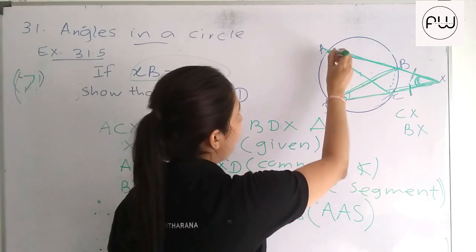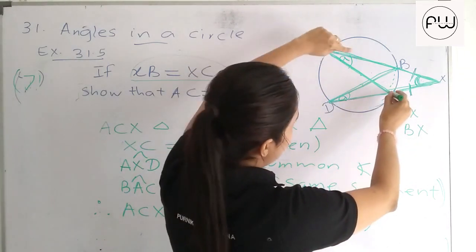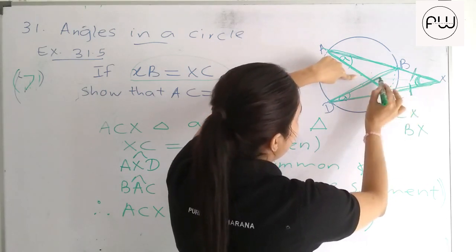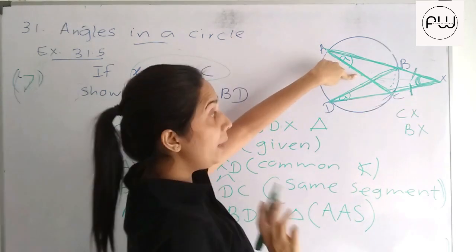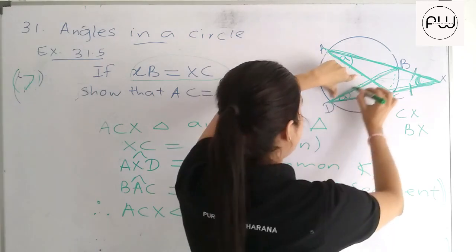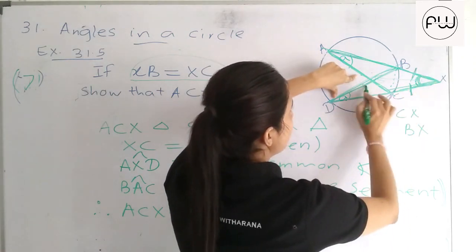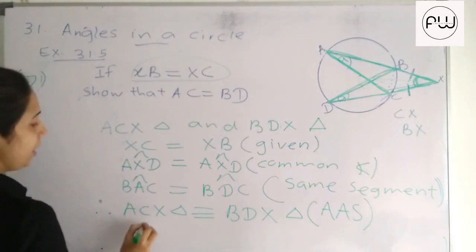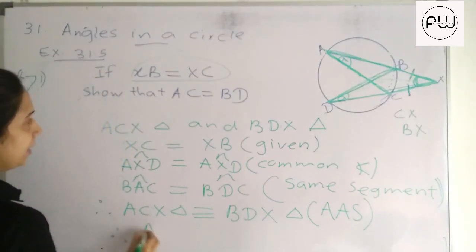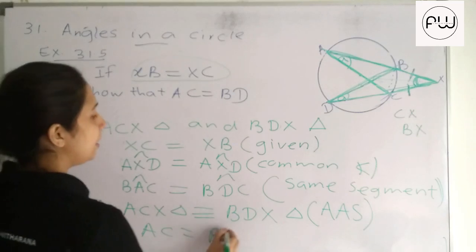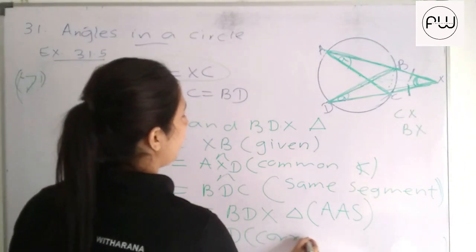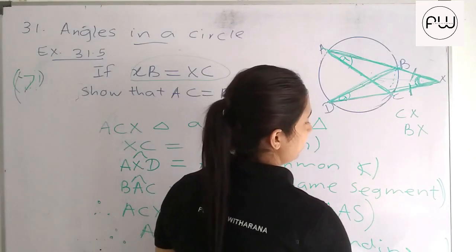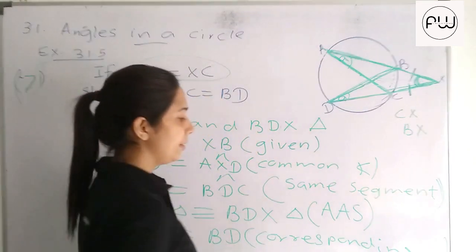Now see here, AC is the side opposite to this common angle, and this BD side is also opposite to this common angle. Then these two are corresponding elements. Therefore AC equals BD. What is the reason? Corresponding elements. Right, we have done it.